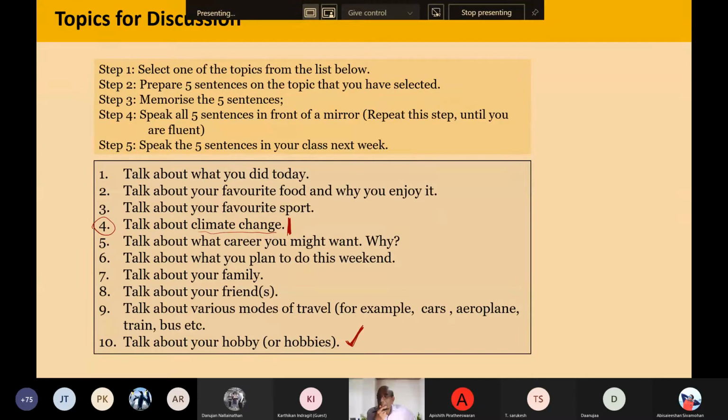Yes, sir. Okay. Do you know why we need to study climate change? Human activities. Yes, human activities. Go on. It's not finished yet. You're on the right track.